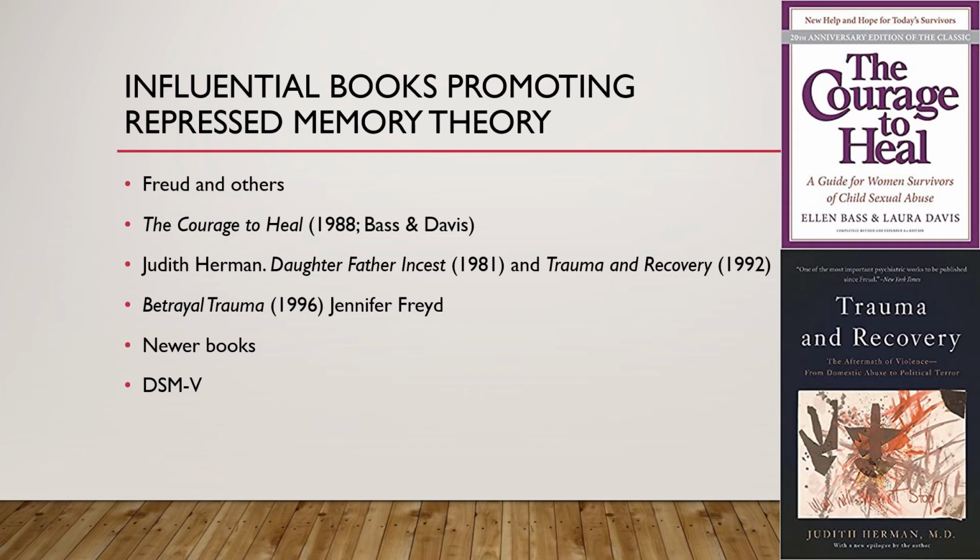So the idea of repressed memories is an ongoing saga that is not going away right now. It did not go away with the close of the 1990s and the memory wars in the 1990s. It's still ongoing.